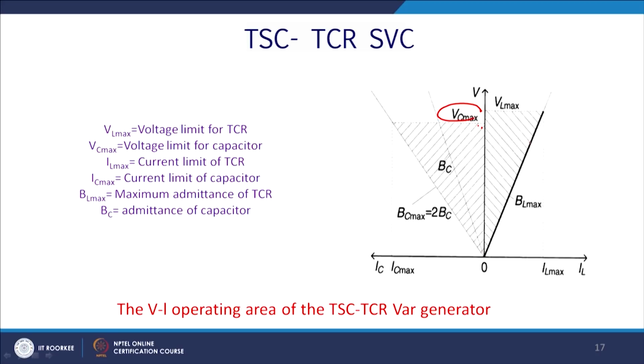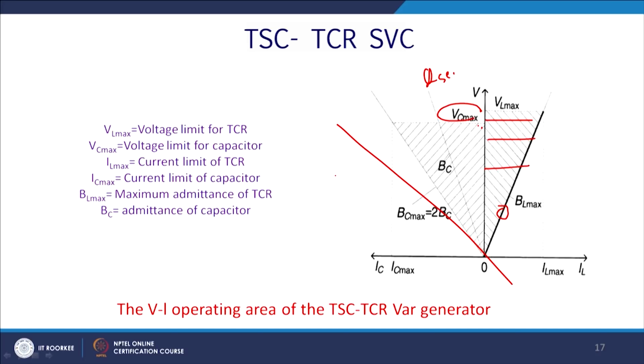You can choose any compensation level for the VL depending on the amount of current you are passing, and that will depend on the voltage rating of the supply. This is for TCSC 1, this is for TCSC 2, this is for TCSC 3, and this is for TCSC n. In that way it will go on.